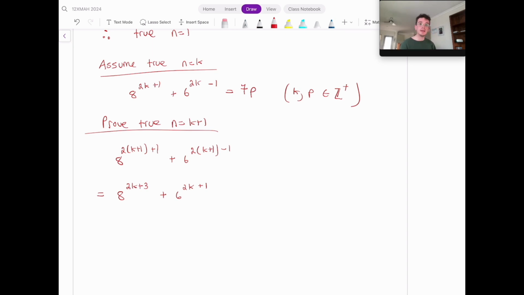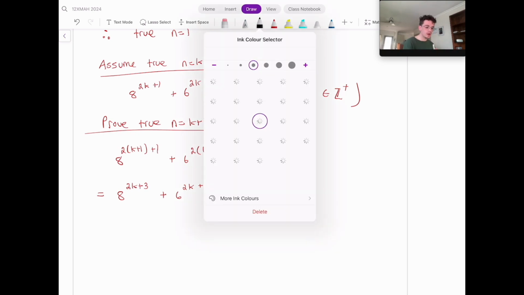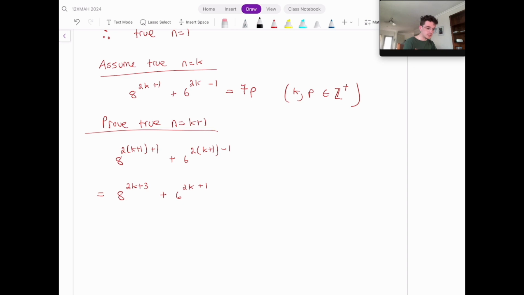So we're going to have to manipulate this somehow to get 8 to the power of 2k plus 1, for example. So what we're going to do is rearrange our inductive hypothesis for 8 to the 2k plus 1, and that's going to equal 7p minus 6 to the power of 2k minus 1.